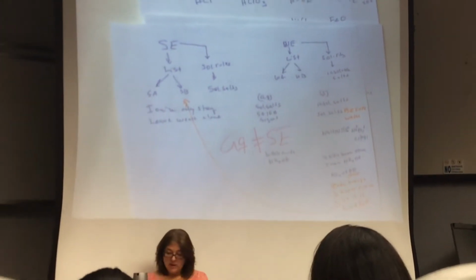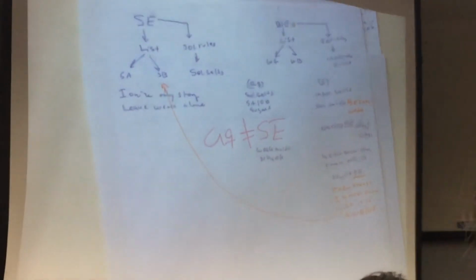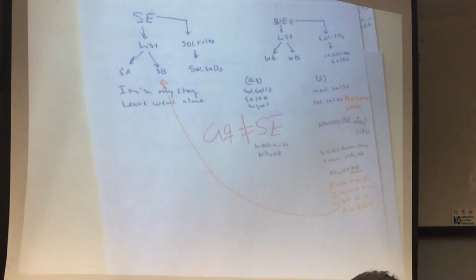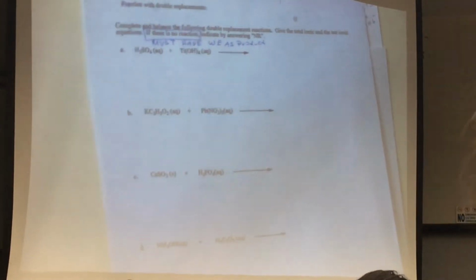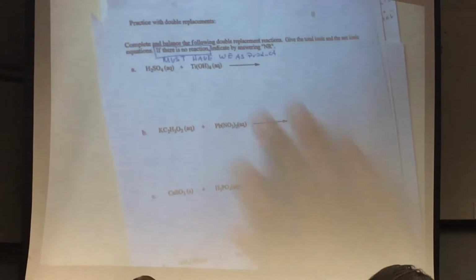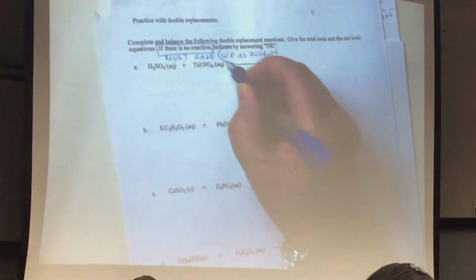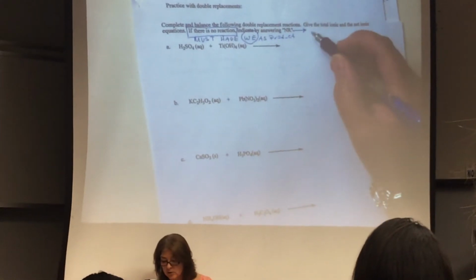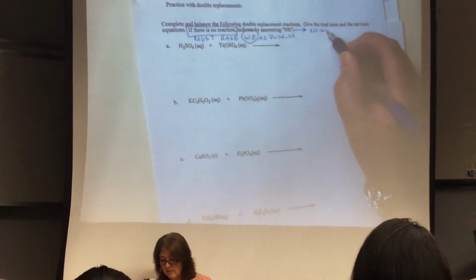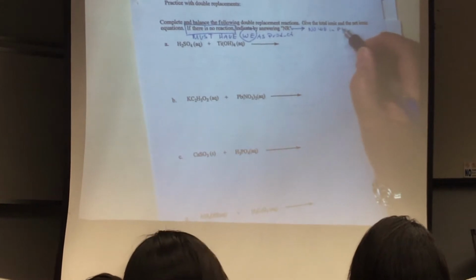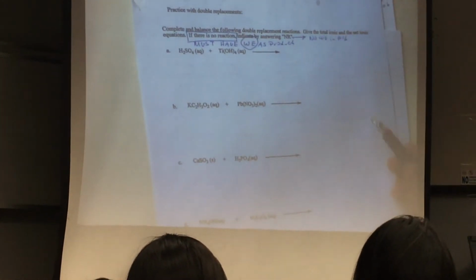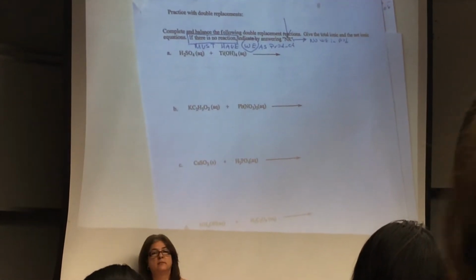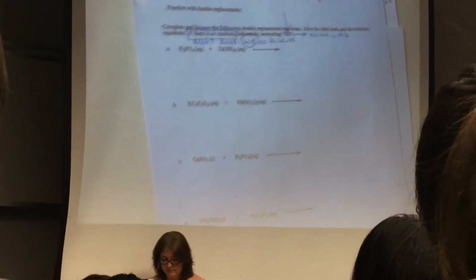Because you absolutely must know at all times what's a strong electrolyte and what's a weak electrolyte, so that when you're presented with an equation, you are able to find among the products a weak electrolyte. If you don't find a weak electrolyte in the products, you erase the whole thing and answer what? No reaction. Let's go through one and then let's explain it.